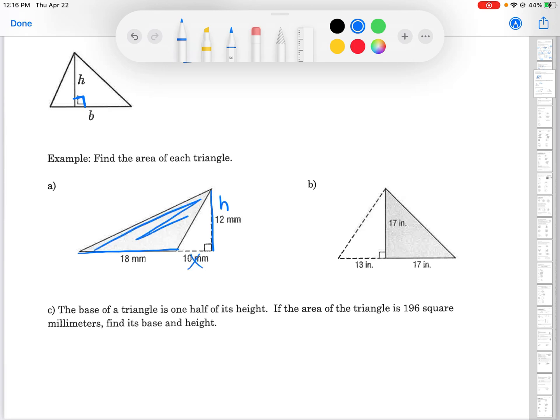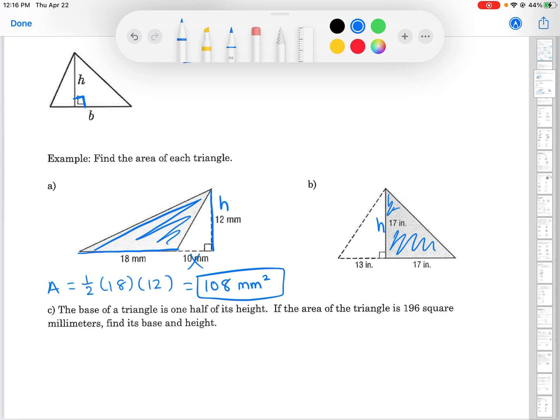So we're going to find the area of this shaded triangle. This is going to give us 1/2 times 18 times 12. So that's my area. And when I multiply those three numbers together, I'm going to get 108 millimeters squared.